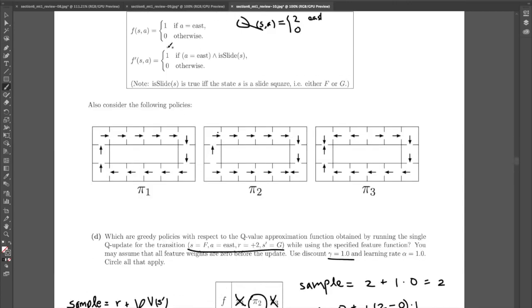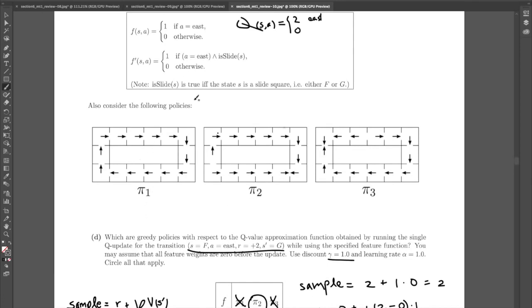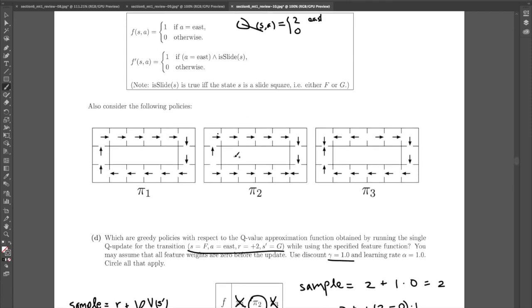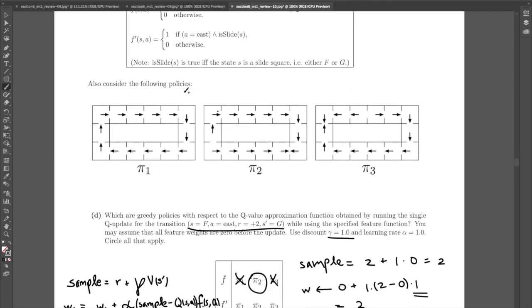Okay, so now we ask the question, what does it mean for each of these policies to be greedy? It means that if a state is a slide and it is possible to go east at that state, then the policy must take east, right? So basically that's the same thing as saying, does the policy always go east on slides? And which ones are the slide squares? It's this one, this one, this one, and this one, this one, and this one.